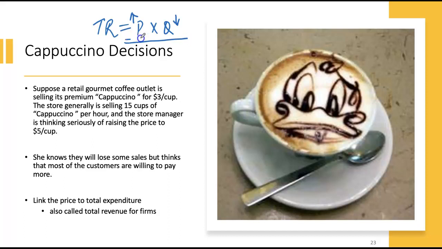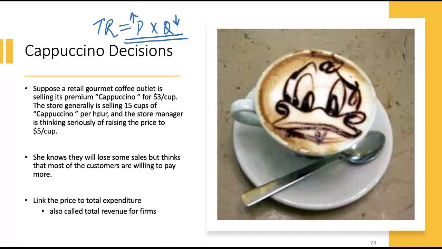Elasticity of demand will determine which of these effects is the dominant effect. If the price effect is dominant in this particular scenario, your revenues will definitely increase. However, if the quantity effect is dominant, you lose a lot of sales because of this $2 increase in your cup of coffee. Now you will end up losing significant revenue and maybe you should rethink your decision. So we'll next see the impact of elasticity of demand on the revenue for firms.